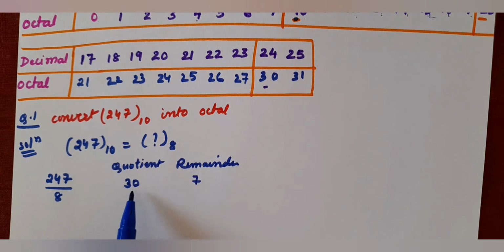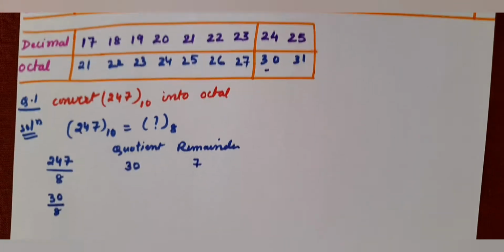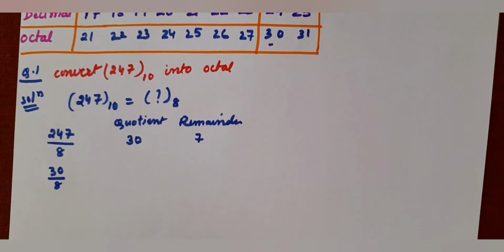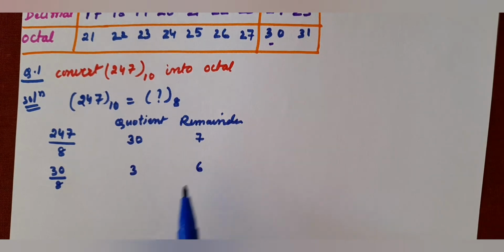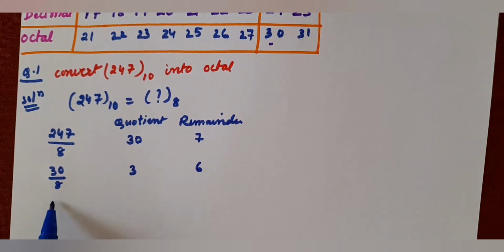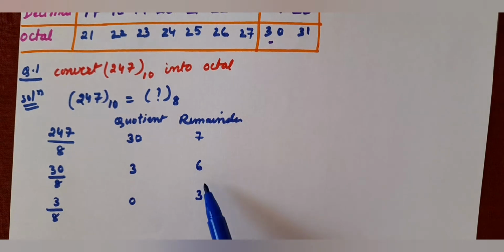Now divide this 30 by 8. What is the quotient now? The quotient is 3. Remainder is 6. Now divide this 3 by 8. What will be the quotient? 0. Remainder is 3. So you got the remainders 7, 6, 3.